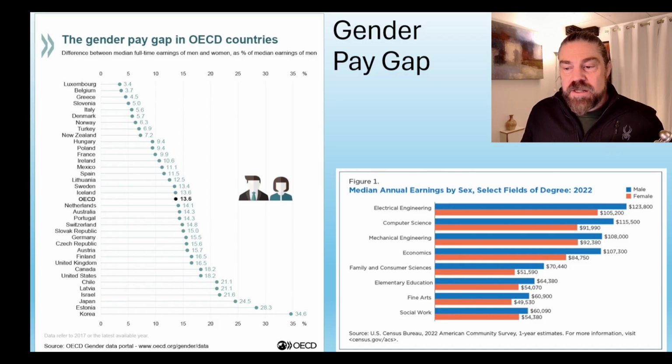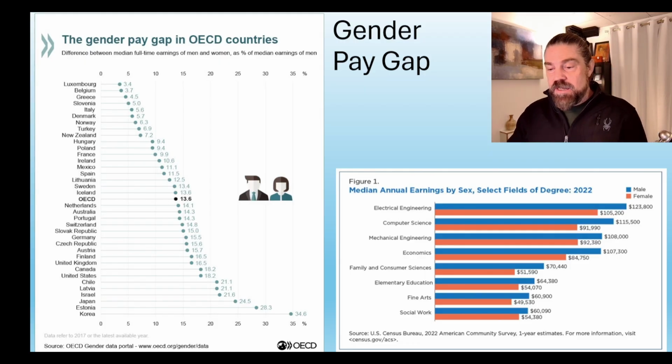Elementary education, women get paid less than men. In the fine arts, women get paid less than men. And in social work, women get paid less than men. These are fields with associated degrees that both the men and women have, and training that both have, but consistently, women get paid less than men.